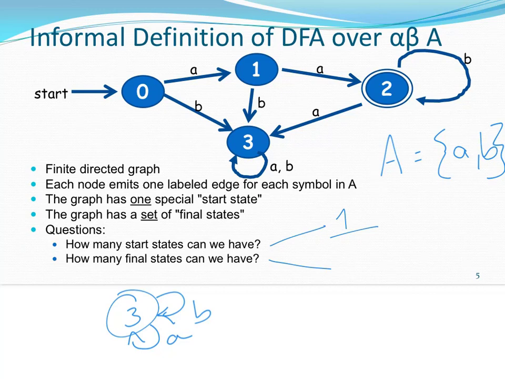The fewest number of final states that we can have, well, we're told the graph has a set of final states. So we can have 0 final states, right? And we can't have an infinite number of final states, right? How do I know that?